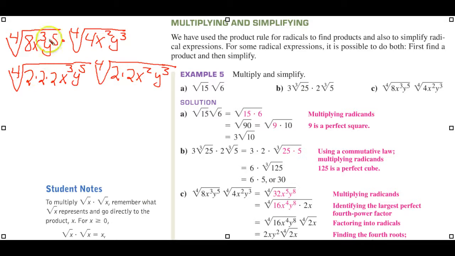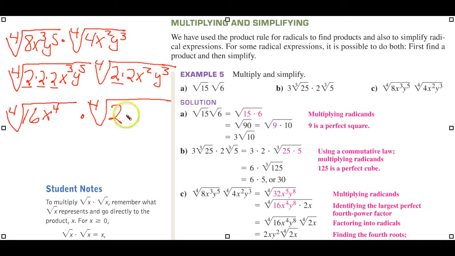So I'm playing around with this a little bit here. And this, again, we want to put all of our perfect fourths under one radical sign as we factor this, and all what's left on the other. So I need 4 2's, 1, 2, 3, 4. Put them under this, that will be a 16. I'm going to use x to the third, x to the second, so I can take out x to the fourth, and I have 1x left over, because that's x to the fifth.